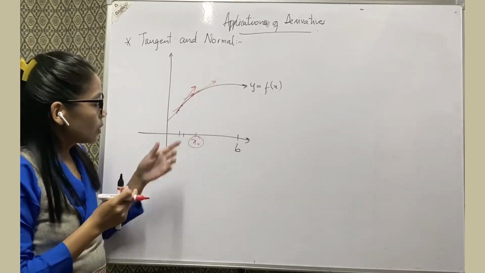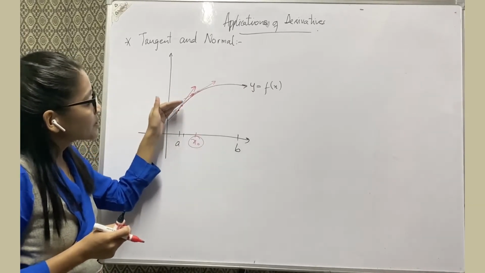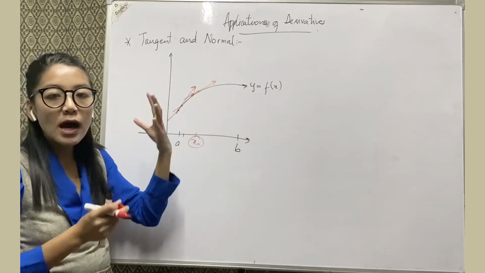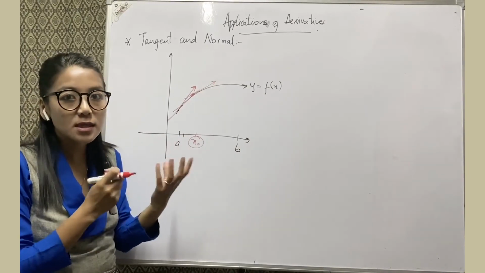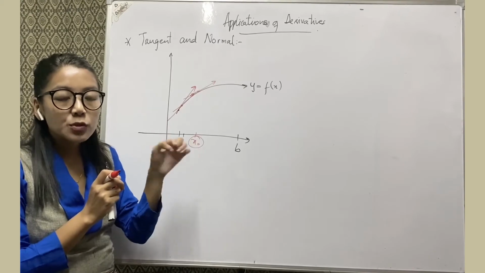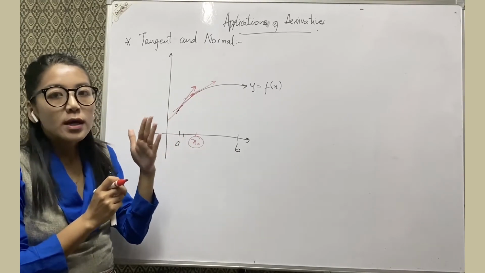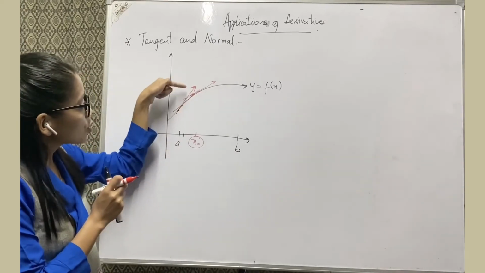So when you have infinitely many tangents on a curve, how can you differentiate them? The tangents can be differentiated by the point through which each is passing and the slope of the tangent, right? So here we get the slope of the tangent.